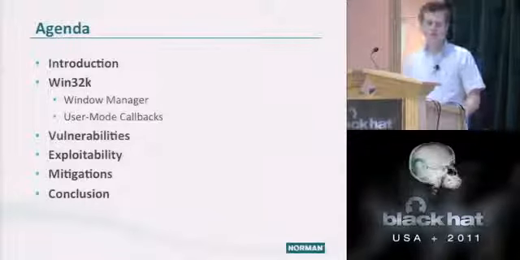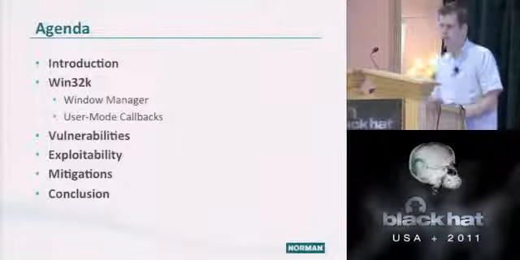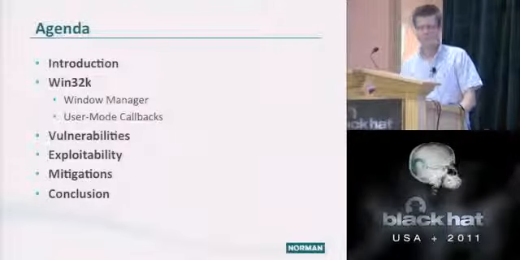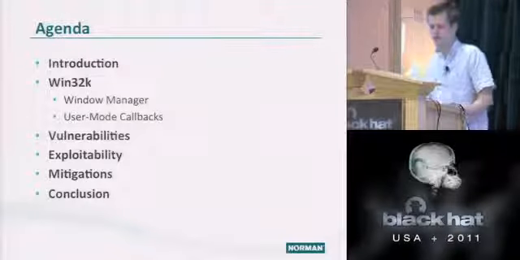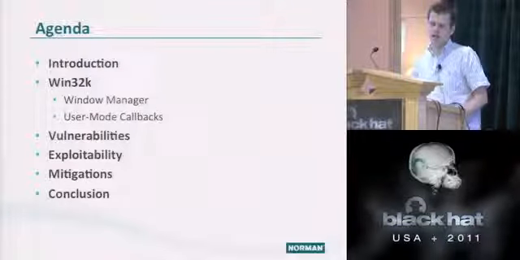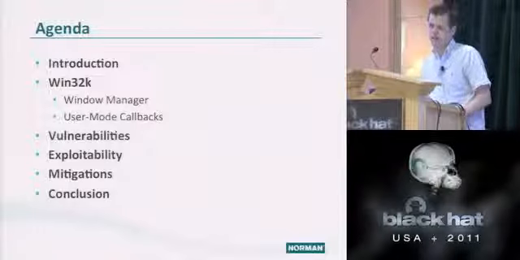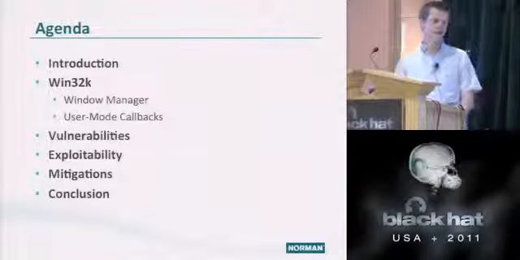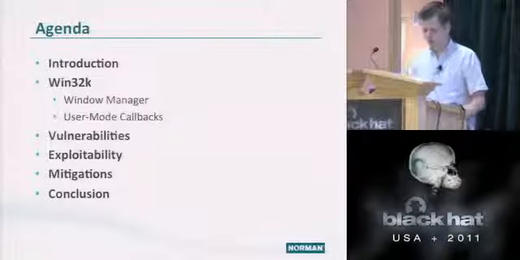We'll start with a brief introduction, move on to talk about Win32k, the window manager specifically, because that's basically the component of Win32k that we're concerned with, and user mode callbacks. We'll look at several of the vulnerabilities, we'll look at their exploitability, and we'll also try to mitigate exploitation of some of these issues. And we'll wrap up with some concluding remarks in the end.